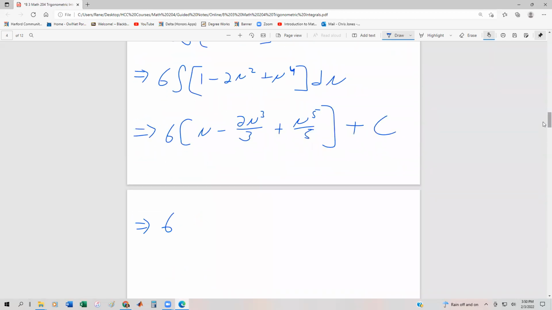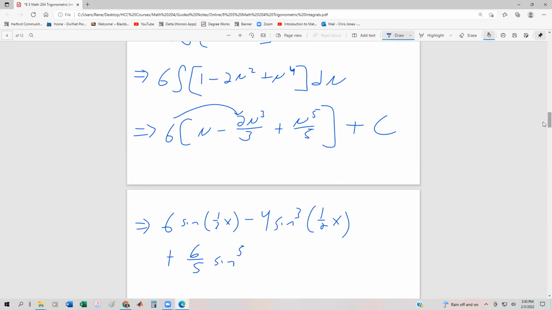This is going to be 6 times sine 1/2 x minus, well, we multiply 6 times 2 is 12. 12 over 3 is going to get us 4, and we have sine cubed of 1/2 x. And then finally, I'm just going to drop to the next line, 6/5 of sine to the 5th of 1/2 x plus our constant of integration c.